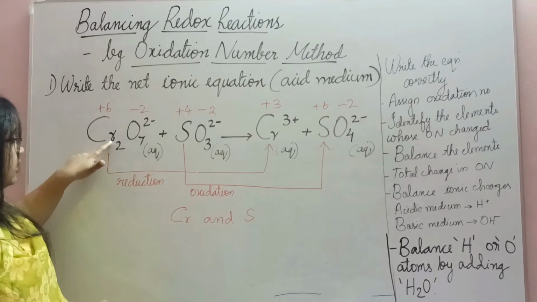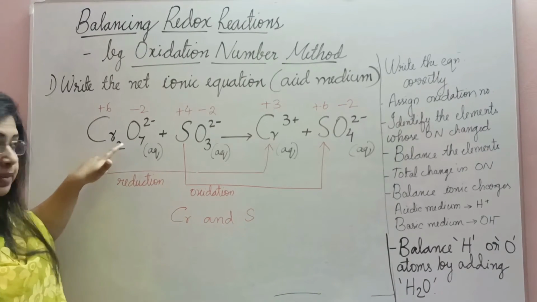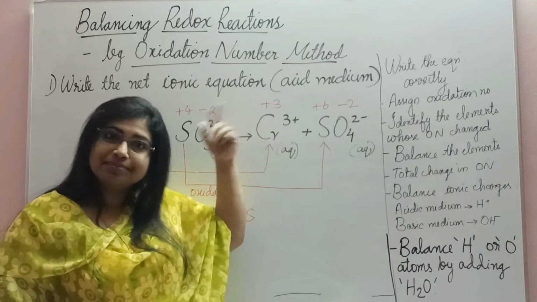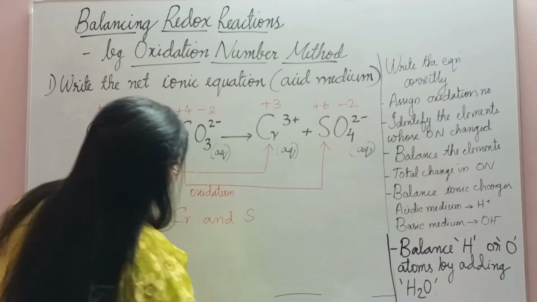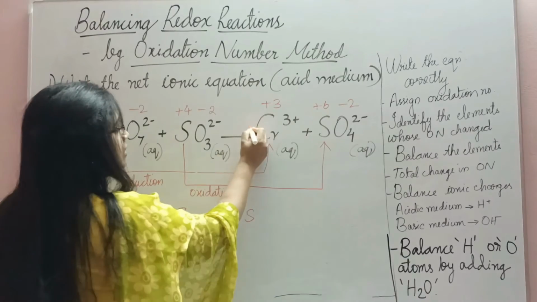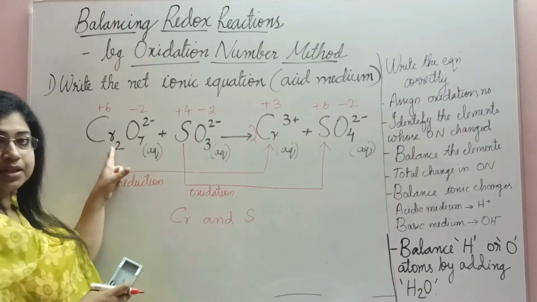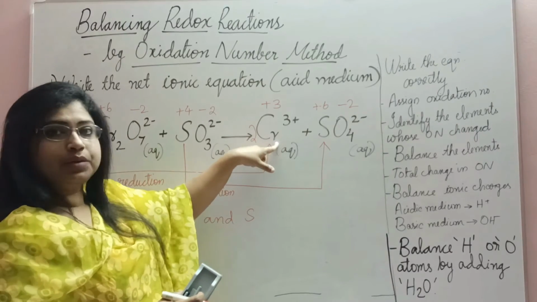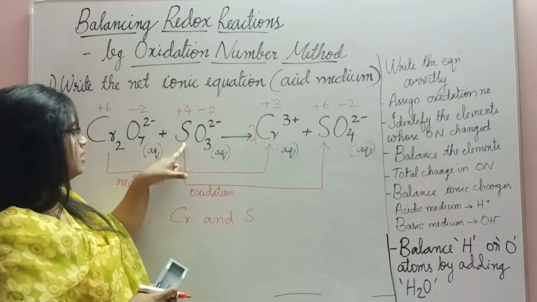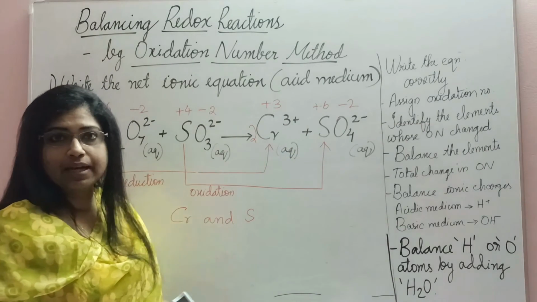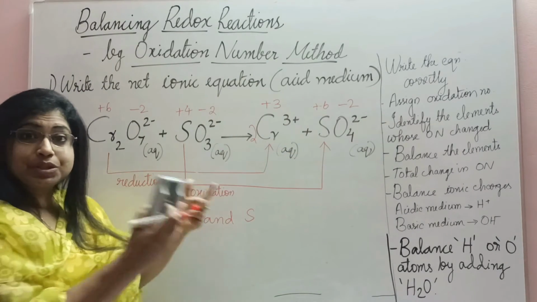On the reactant side, Cr2 means there are 2 chromium atoms. On the product side, there is only 1 chromium atom. To balance it, put 2 here, then here also 2, here also 2. What about sulfur? Here 1 sulfur, here also 1 sulfur atom. So it is already balanced. Now let's go to the next step.